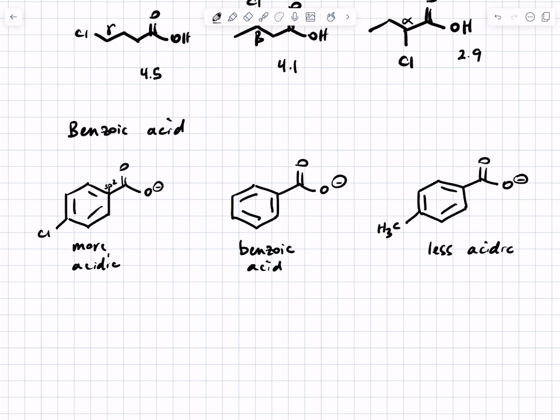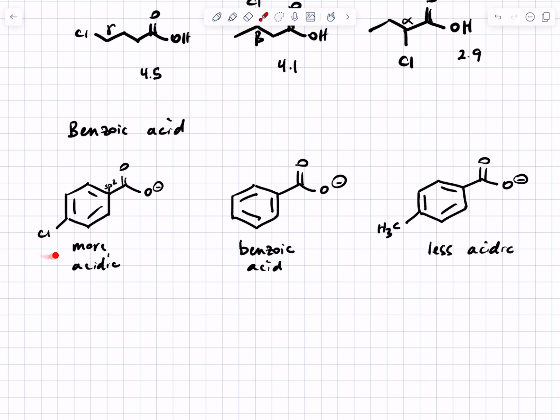Sure, in the conjugate base, you already have extra electron density there. The more electron rich the benzene ring is, the more it's going to repel or destabilize the negatively charged carboxylate group. In contrast, if the benzene ring is electron poor, that will, via an inductive effect, suck electron density away from the carboxylate and make the conjugate base more stable.